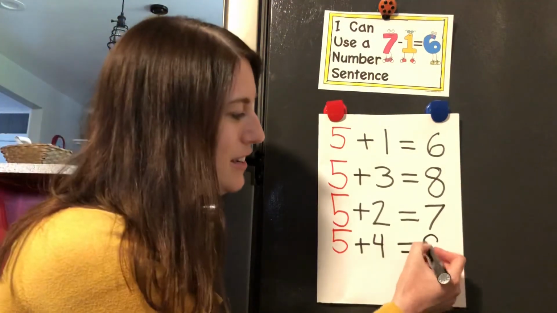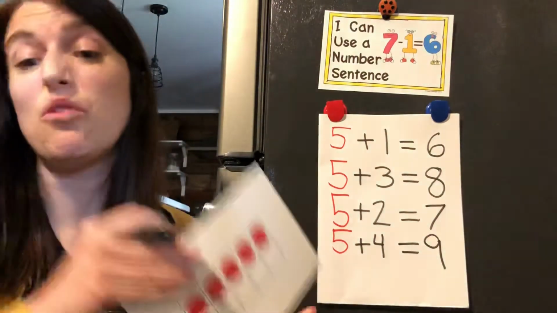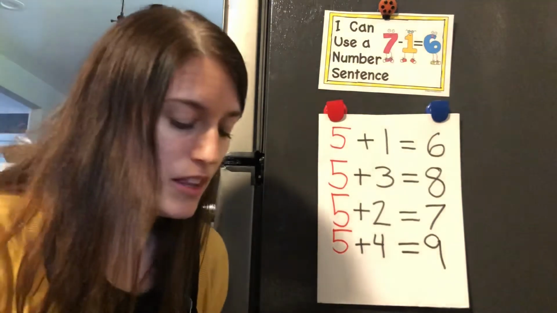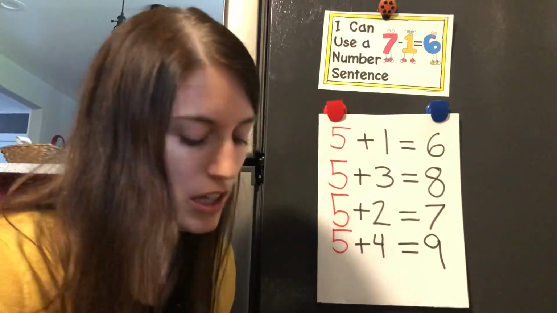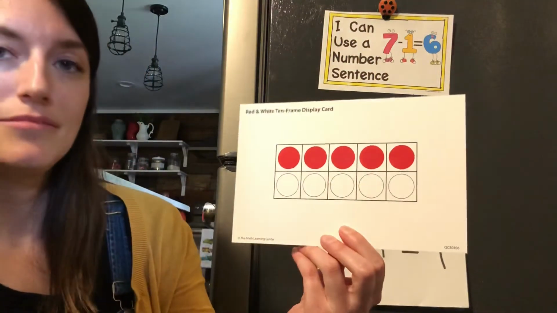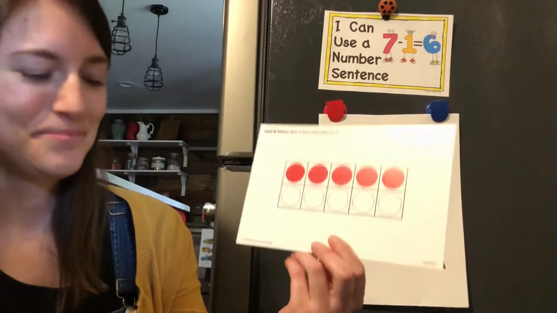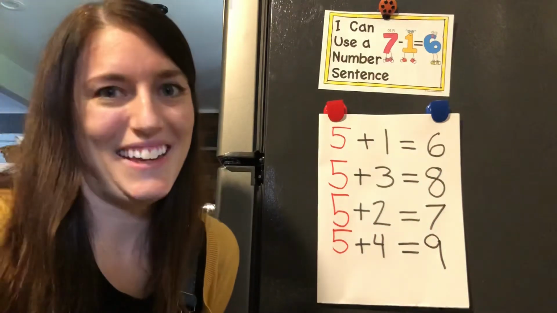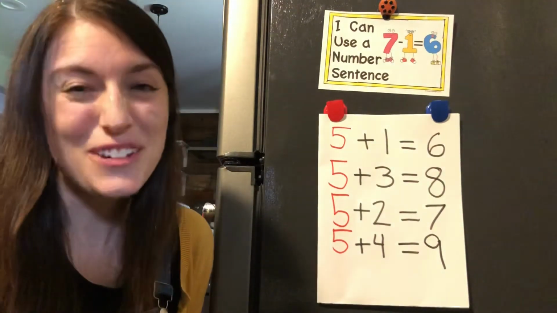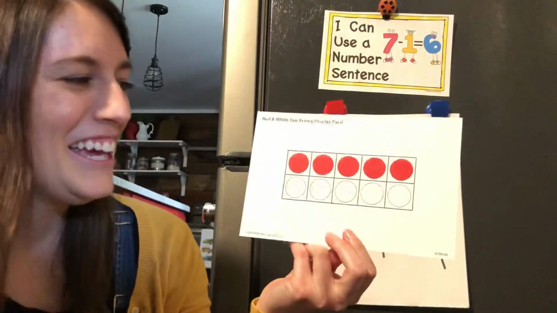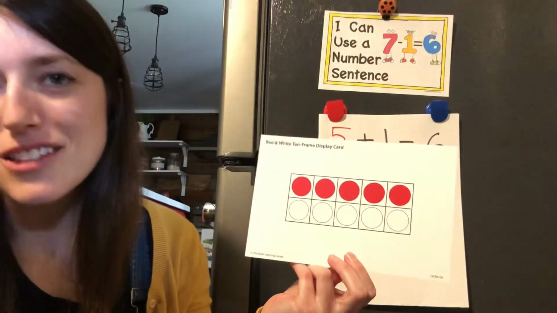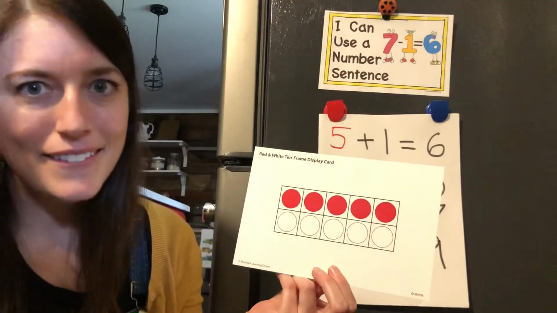Okay, here we go. Okay, I have 1 more card to play this game with. Are you ready? Okay, it might be tricky. Okay, did you write your equation? Was it tricky? So I noticed that there are 5 reds on the top again.